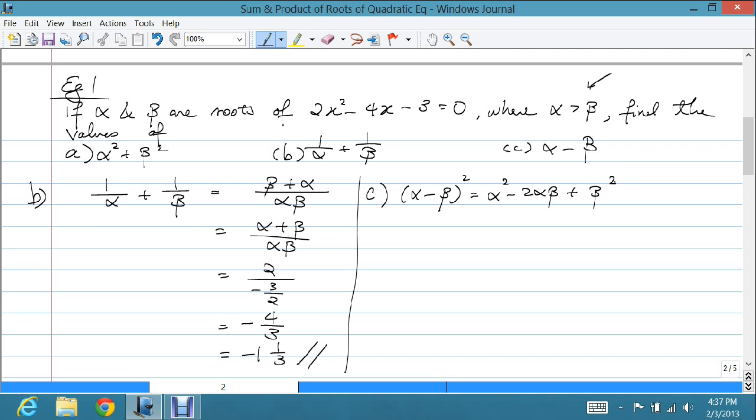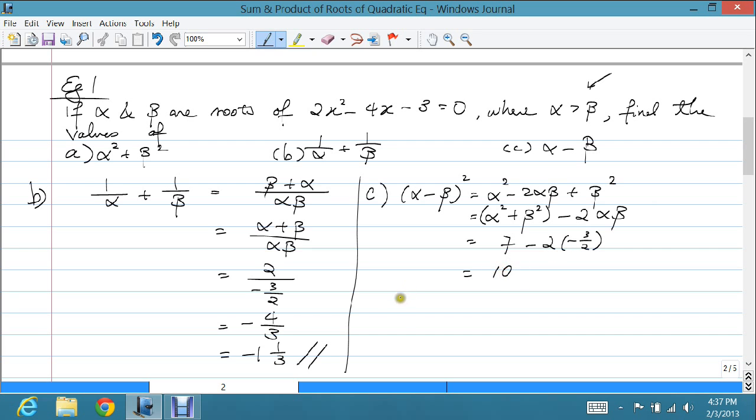Actually, there is no issue, because we have already found alpha squared plus beta squared earlier, and we know what alpha beta is. Alpha squared plus beta squared from part A is equal to 7, and alpha times beta is equal to negative 3 over 2. So this gives me 10.